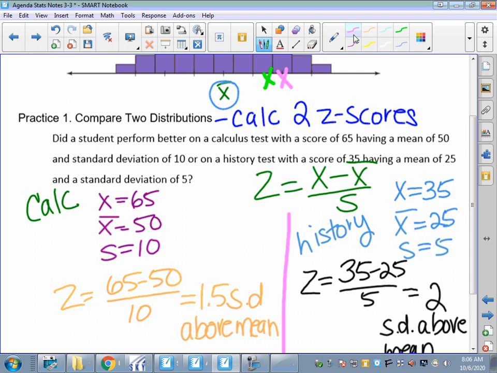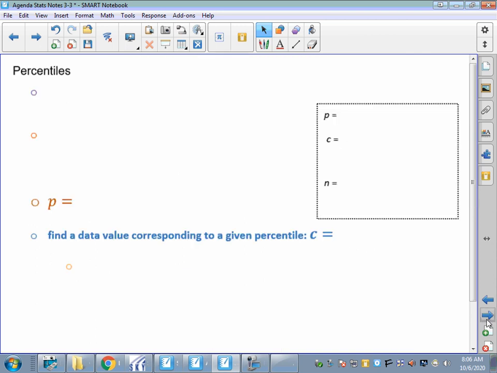That is not a very good score. However, it's better than our calc test with those calculations. So that's how we compare using z-scores. It puts everything in the same terms, how far away this value is from the mean. If you're not given the mean, remember you'll have to calculate it. All right, so those are z-scores.